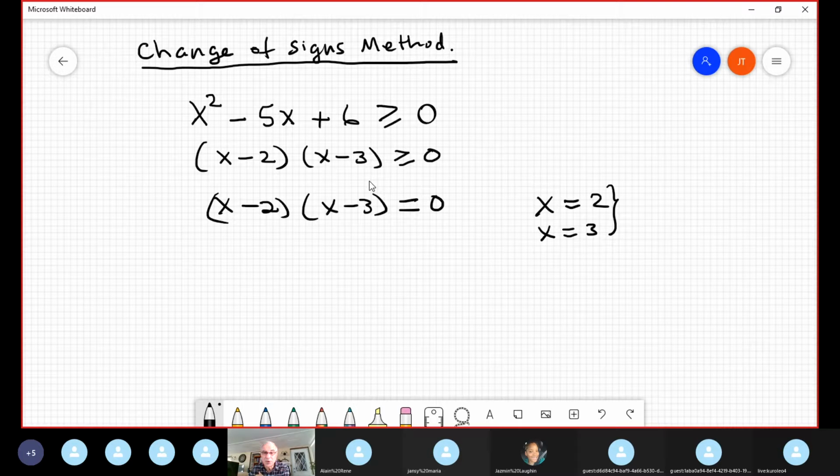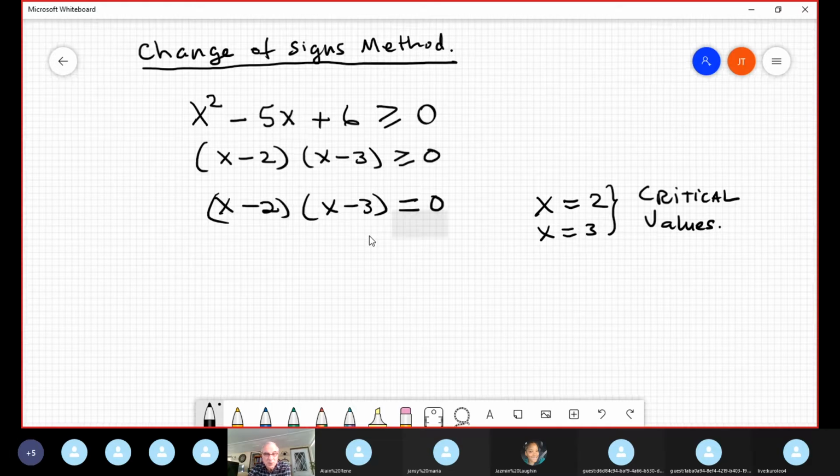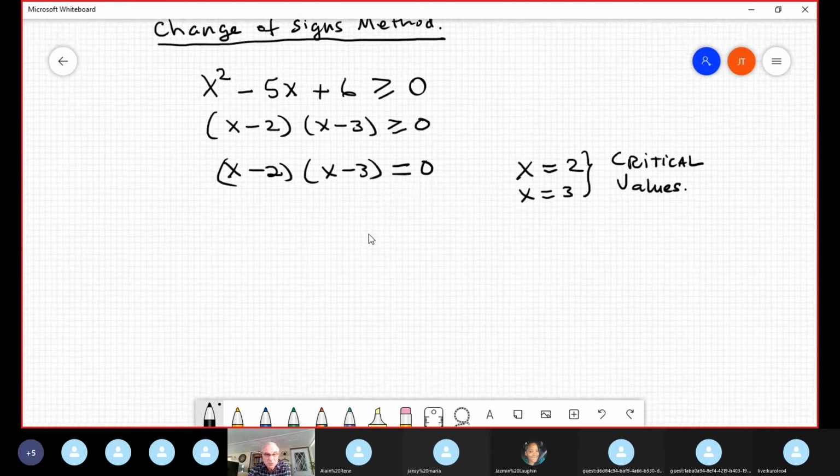However, these are important for me because they are critical values. The critical value is the solution of the equation. This is classical. This is the way that we do it in calculus.